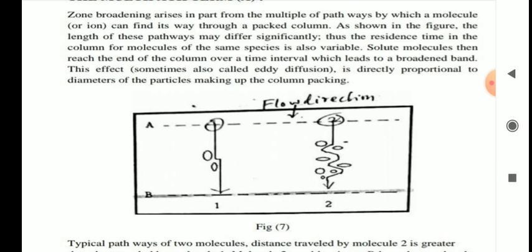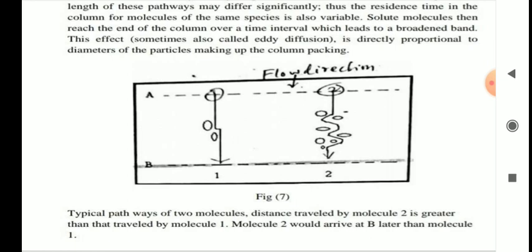Multiple paths will be there, but if the packing material is spherical and small, then the paths will be similar. We have to avoid this multiple flow path, or on an average, all the molecules should have almost the same flow path or same distance of flow path.